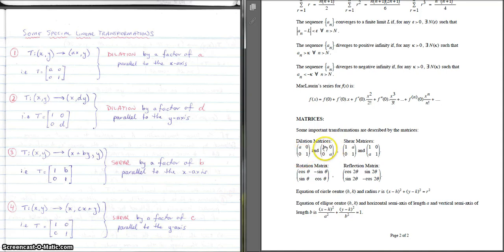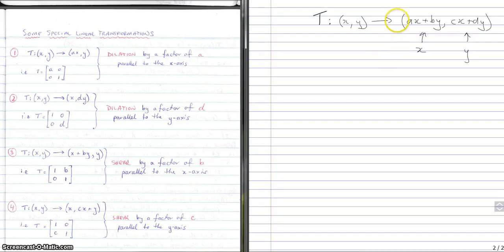The second one here is a dilation of a parallel to the y-axis. Now I've written here as dy. The x remains unchanged, and the only thing that's happened is the y is being multiplied by some factor. I've written it as d simply because when we look at our transformation here, we have ax + by, cx + dy.